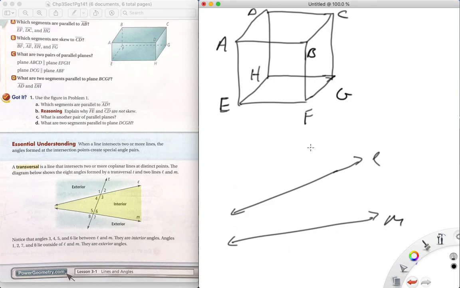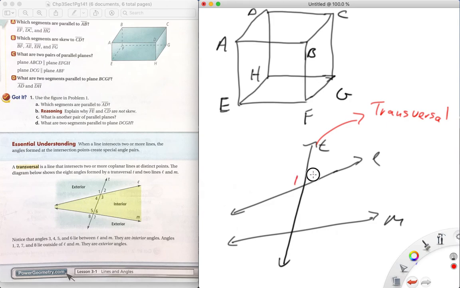A transversal is a line that cuts across both of the lines. This is my transversal, line T. It's a line that intersects two or more other lines. It says it's coplanar, they have to be within the same plane.